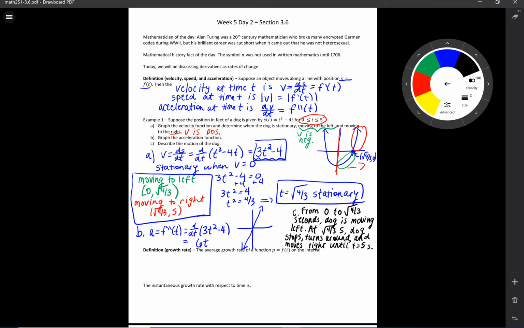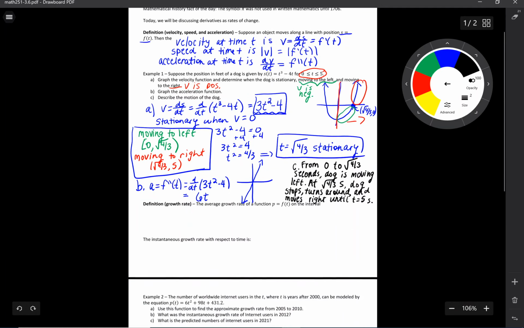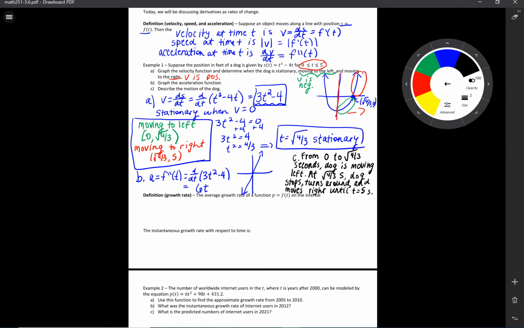Next, we are going to talk about growth rate. So if I have a function p equals f of t on the interval, say from a to b, then the growth rate is equal to the limit as delta t goes to 0 of delta p over delta t, which is equal to the derivative of p with respect to time.